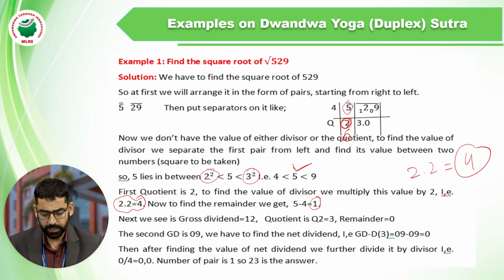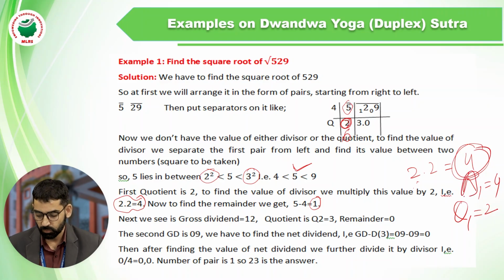Now we take the first divisor, which we get by multiplying the first quotient by 2, that is 2 into 2, that is 4. So Q1 equals 2, and divisor 1 equals 4.